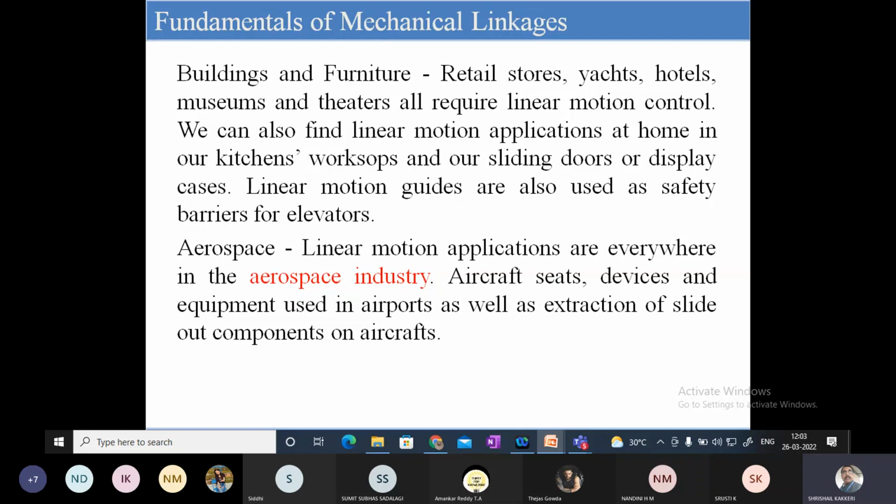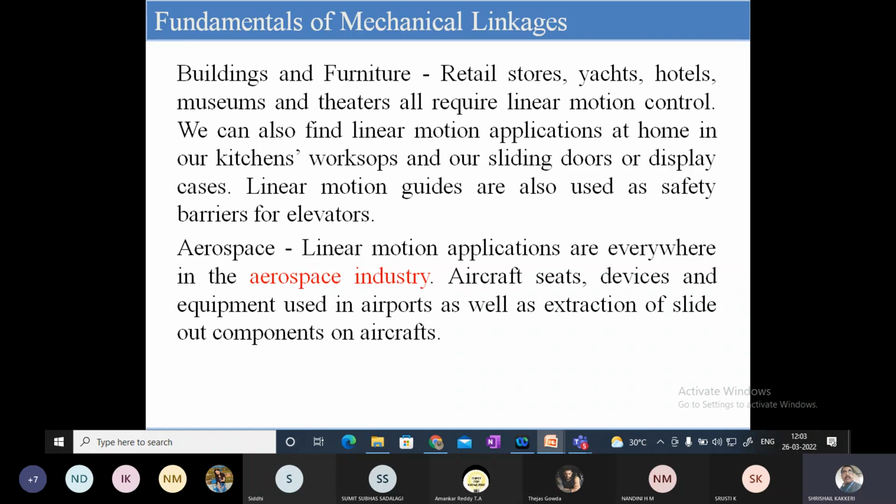You can see that a chain drive will be used linearly, like a telescopic motion, moving up and down, so that the materials can be unloaded and loaded in the retail stores. In hotels also they use them, in museums and in theaters. Everywhere we can find their applications. But as a name, you have to give certain examples.